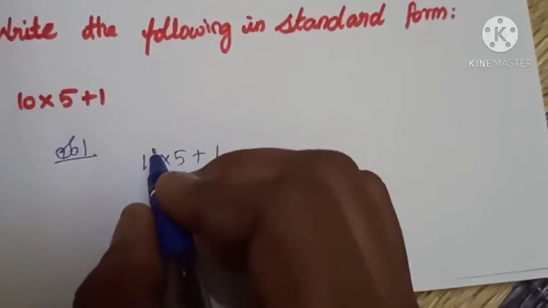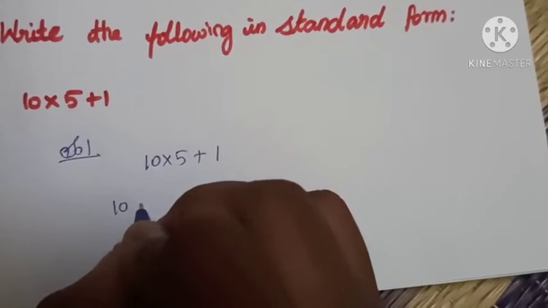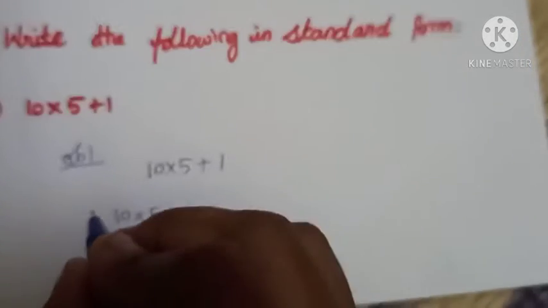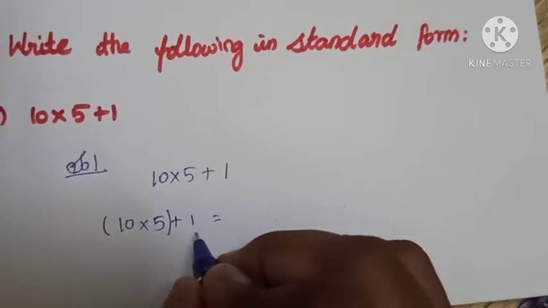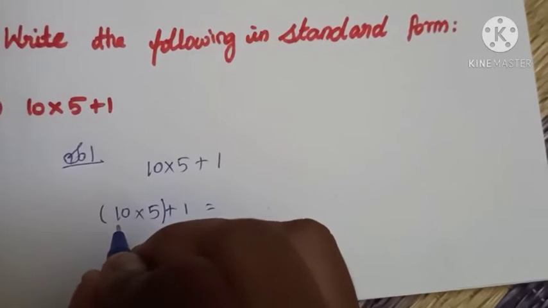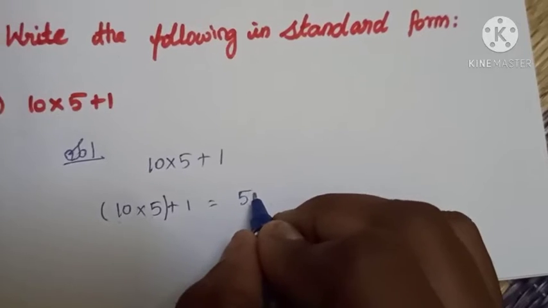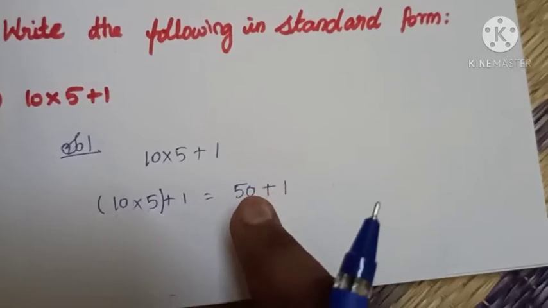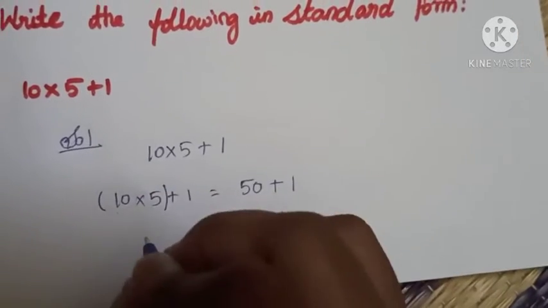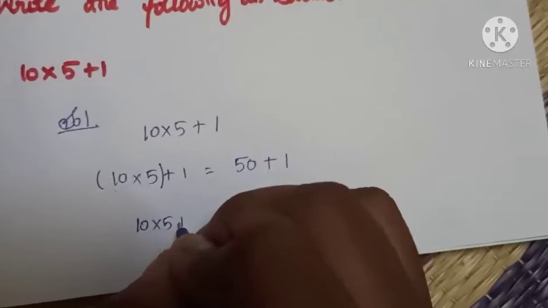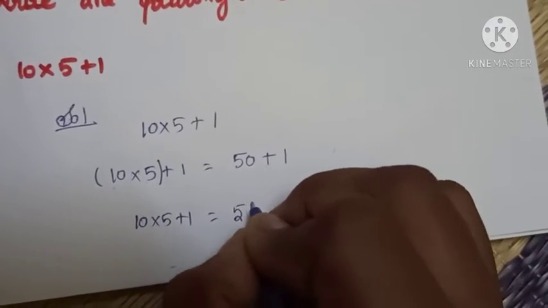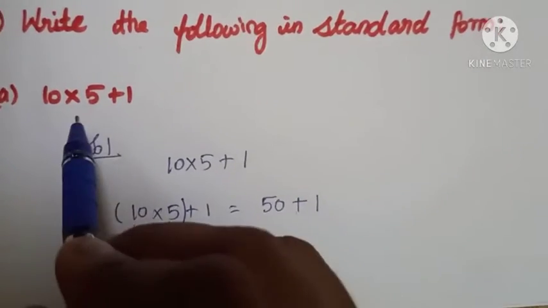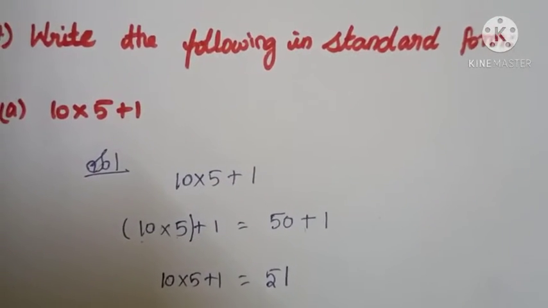You need to make brackets. You must put brackets for the multiplication term, plus 1. Now you can see 10 into 5, you get 50, plus 1. Now you can add 50 plus 1, what do you get? 51. So 10 into 5 plus 1 is equal to 51. This 51 is the standard form of the given general form of a number.